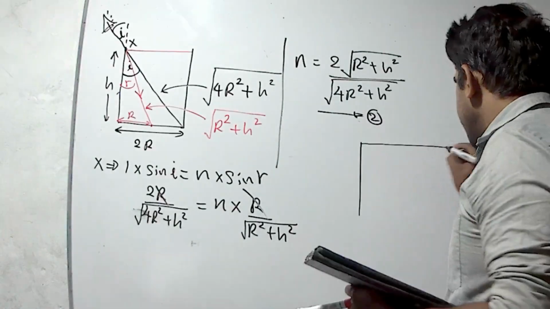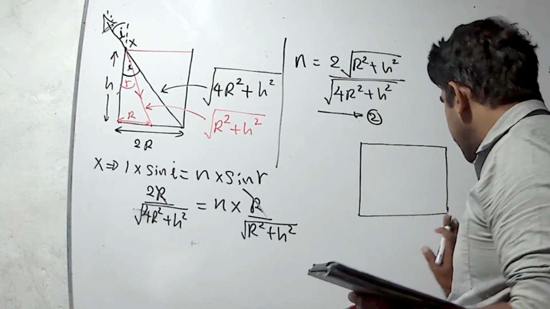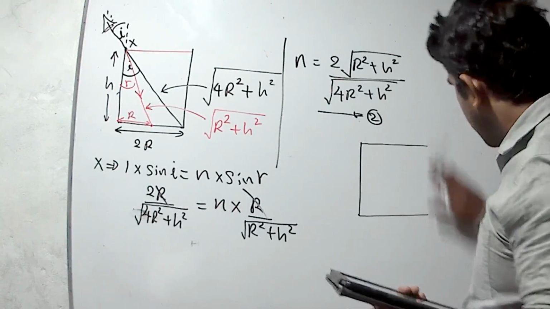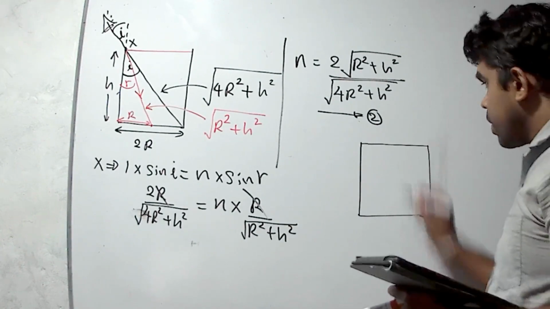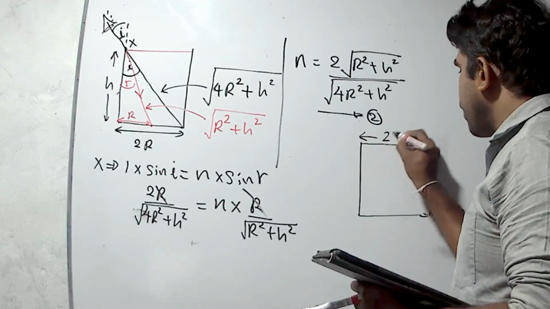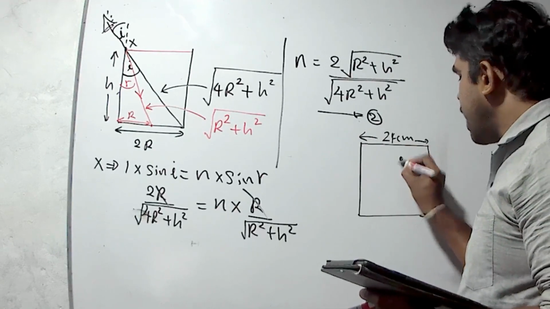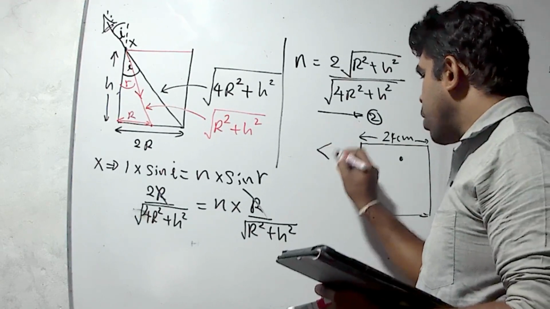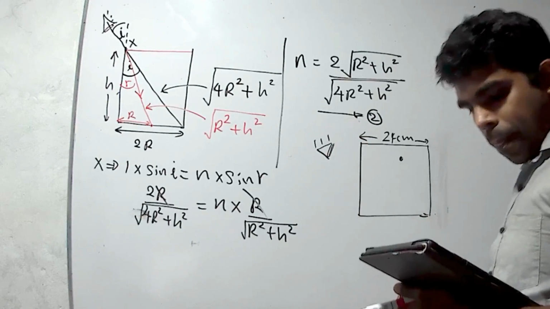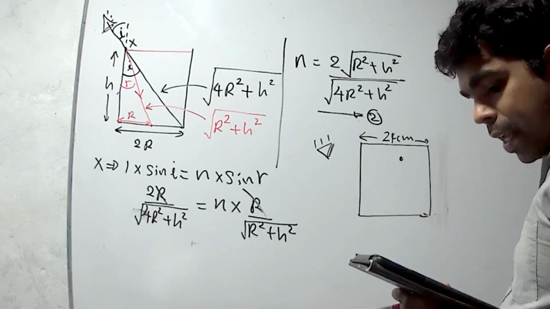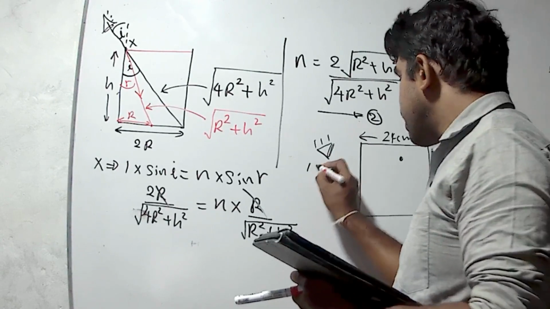I will consider this one as the given tube. Side length is given as 24 centimeters. If this one is the air bubble, we can observe the air bubble from this side. The apparent distance is given as 12 centimeters.